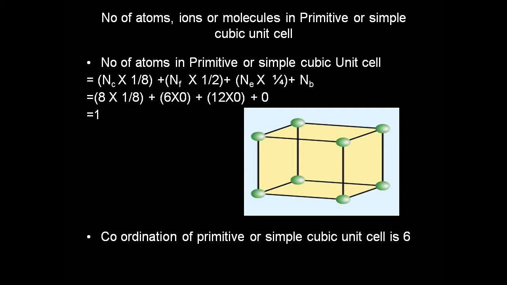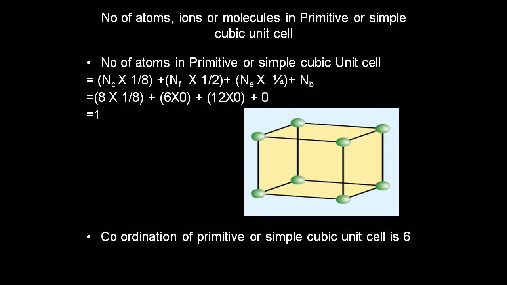Then another one, number of faces we have, but there is no contribution of atom, so 0. And number of edges 12, but there is no atom, so 0. And body also there is no atom, so all other things are 0 except the corner, and corner is 8. 8 into 1 by 8, they cancel each other, we get 1.